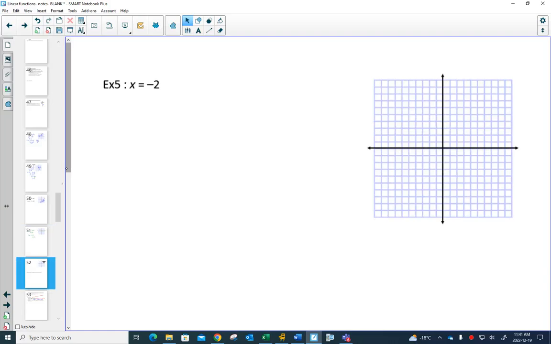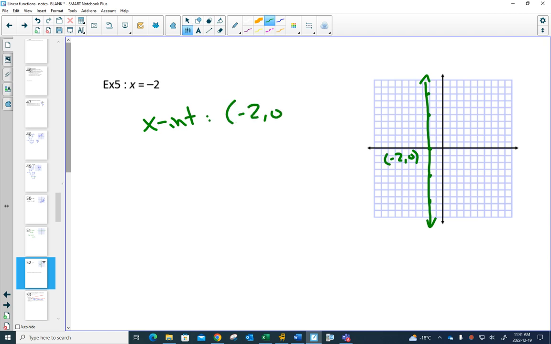Same thing with the x equals line. When y is 0, x is -2. When y is 5, x is -2. And no matter what y value you put in, you would have an x-intercept at -2, 0, but you would have no y-intercept.